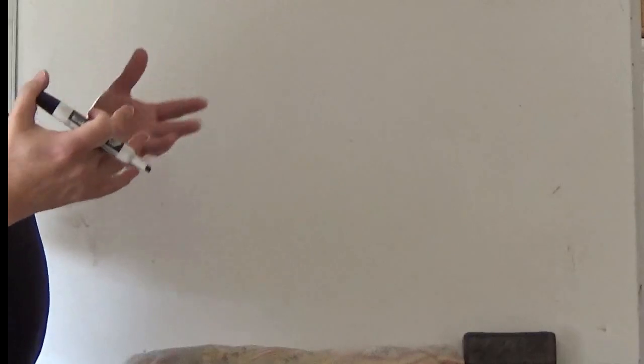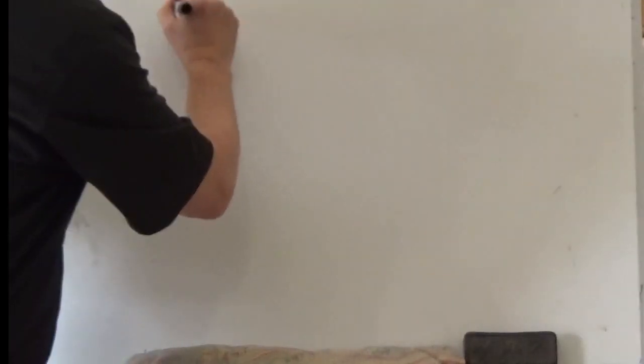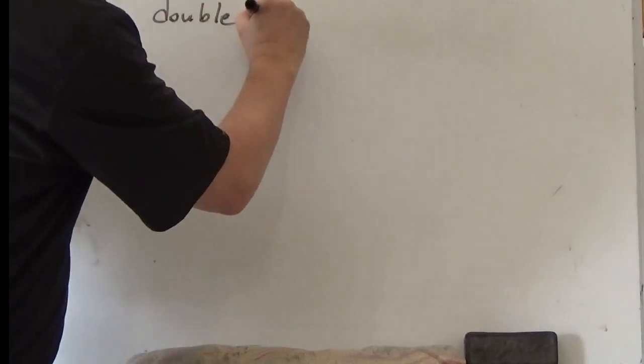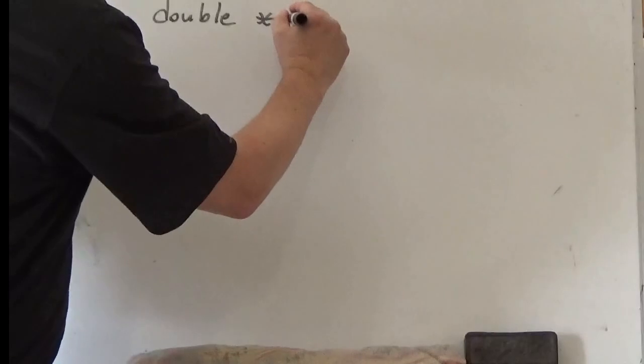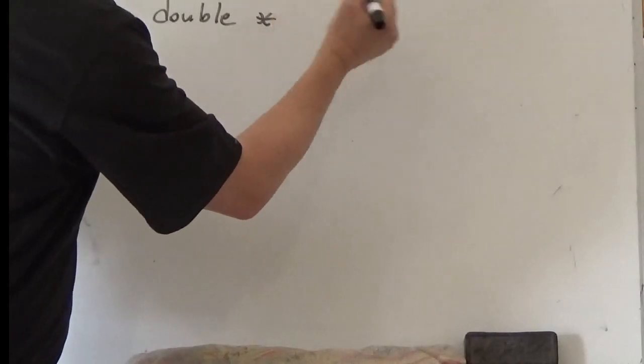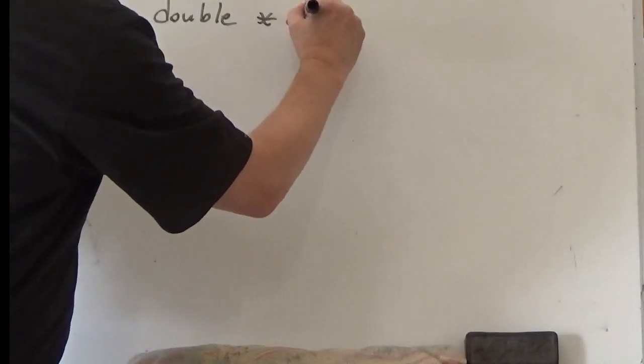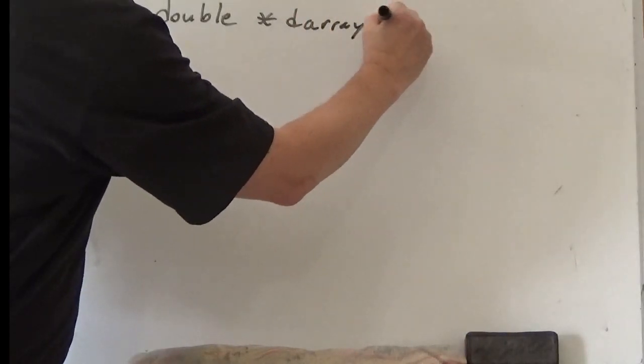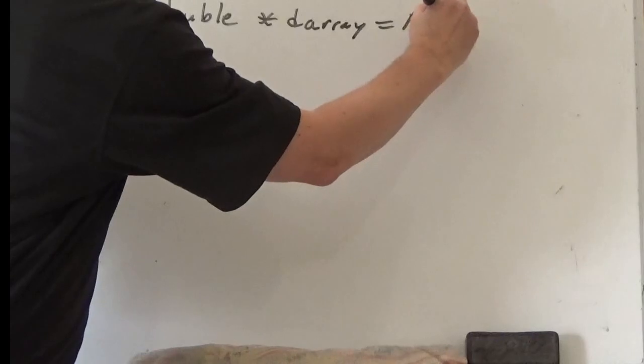For now we'll just use some value like 15. So we would declare that as double, and let's call it D array, and we'll set this equal to null at the beginning.